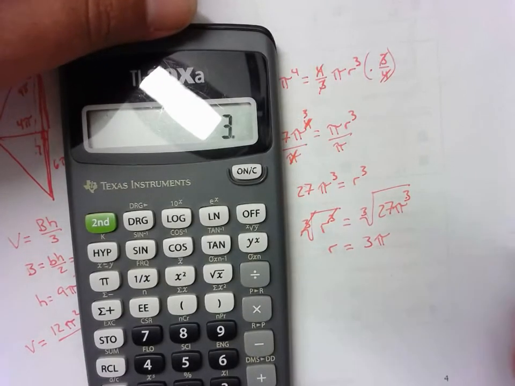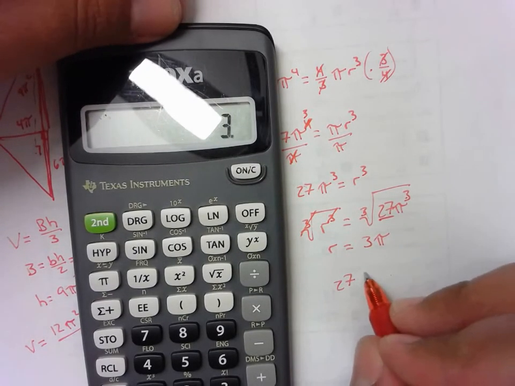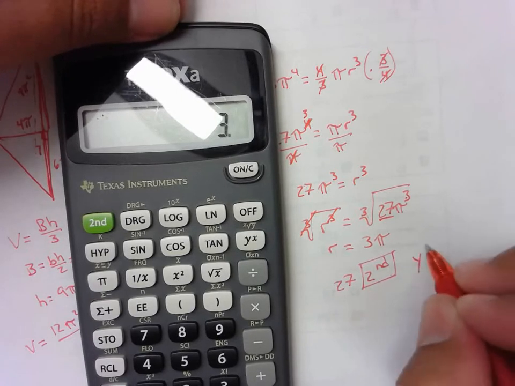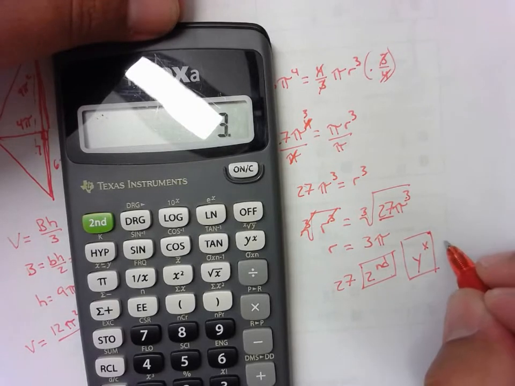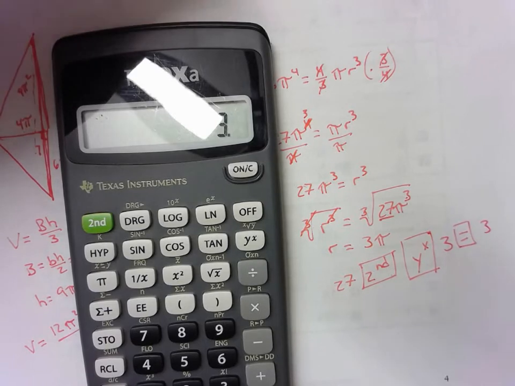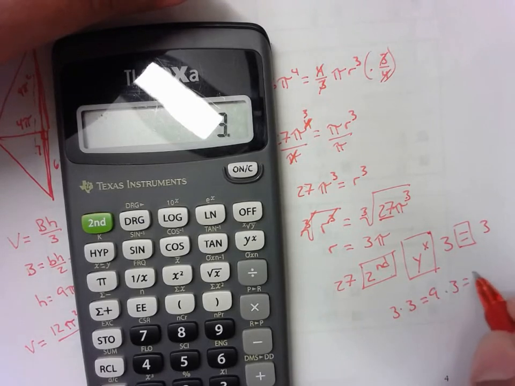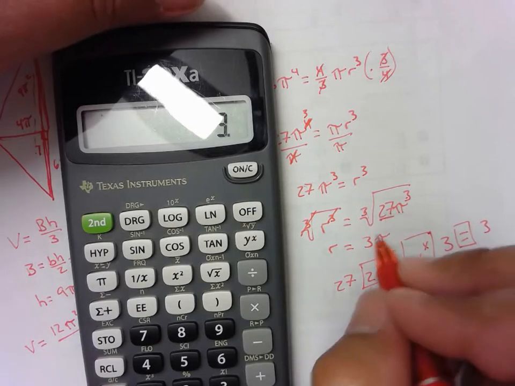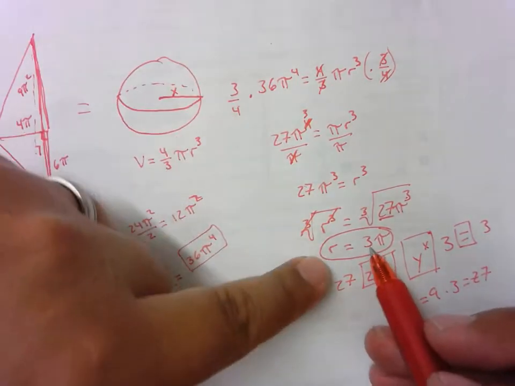You're going to type in the number first, so 27, then the second key, then the y to the x button, then 3, then your equals, and you should get 3 because 3 times 3 is 9 times 3 is 27. So the third root of 27 is 3. So there's your r, 3π.